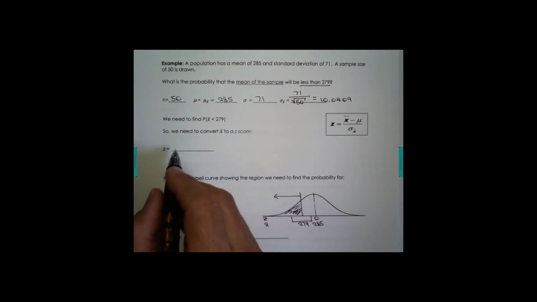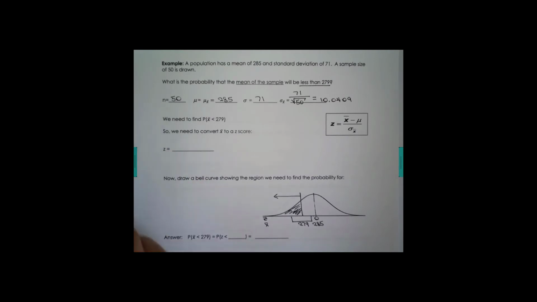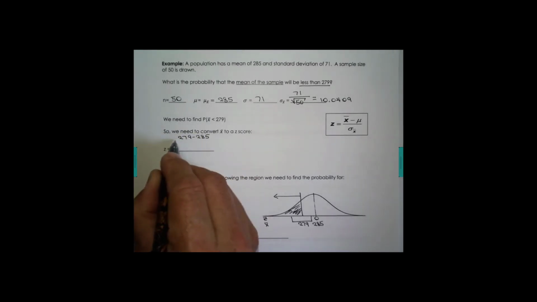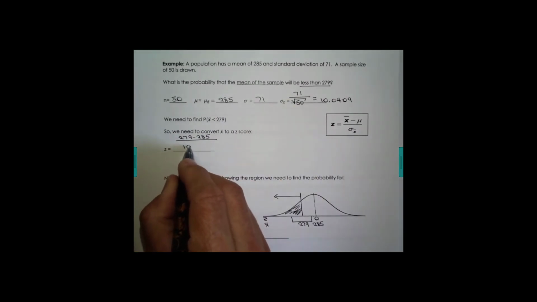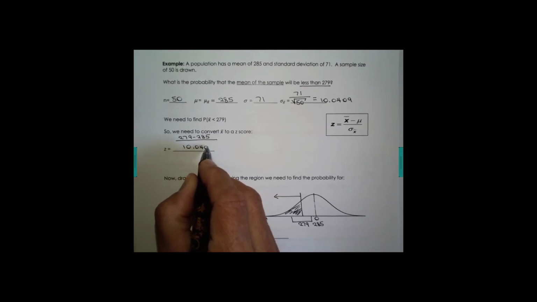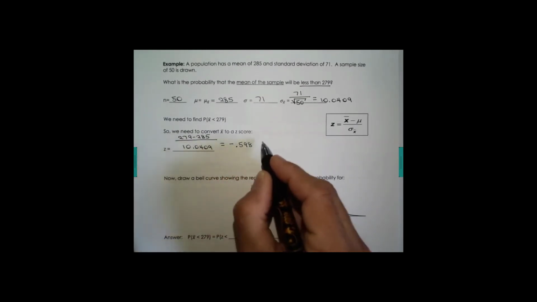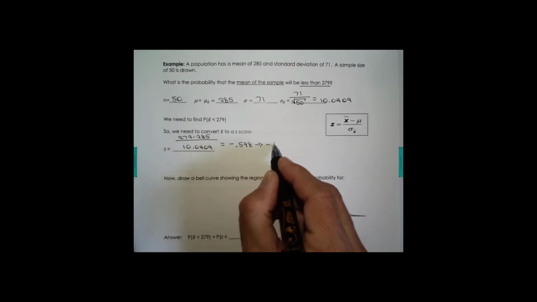We use the new formula and we say the sample mean that we're interested in, that's 279, subtracting that population mean of 285, and we'll divide by that new standard deviation, the one we calculated, 10.0409, which is really pretty much all I'm changing on you at this point. I come up with negative 0.598. I'm going to say that's really close to negative 0.60 since my z-table has 2 decimal places.